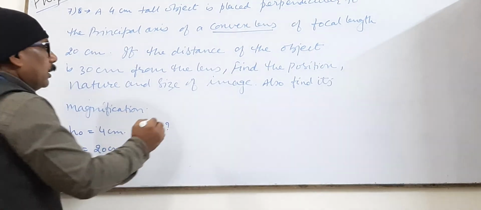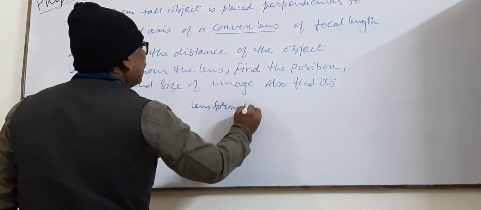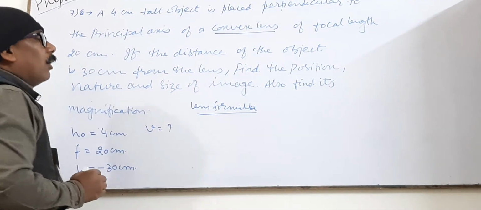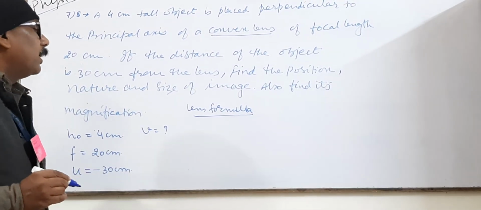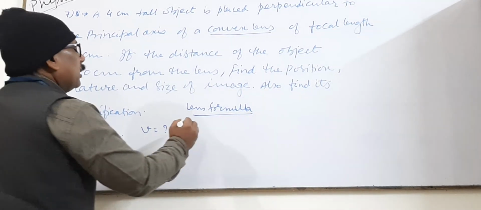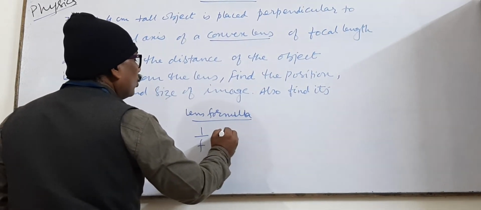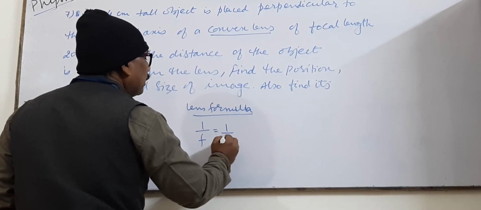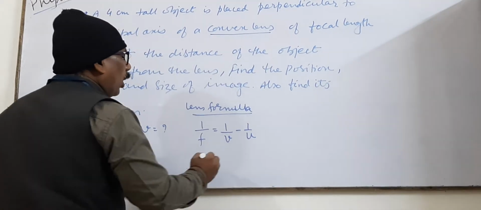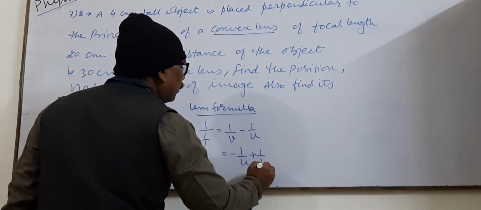Now here, you have to write the lens formula. You know children, the difference between lens formula and mirror formula is very little. Means in lens formula 1 by f is equal to 1 by v minus 1 by u, or you can also write minus 1 by u plus 1 by v.